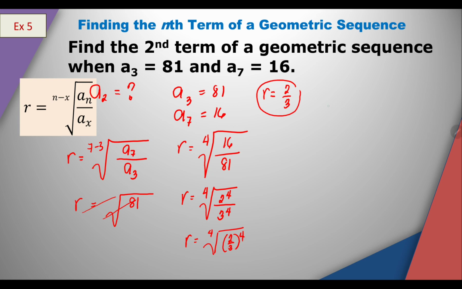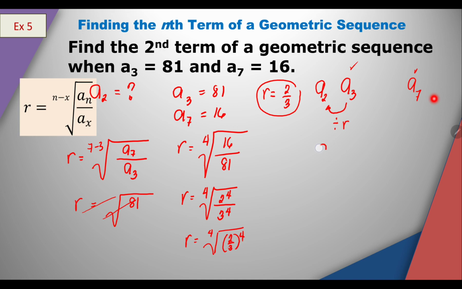But inasmuch as I am given here an a sub 3, and a sub 2 is directly to the left of a sub 3, what I am going to do is simply divide a sub 3 by the common ratio. Then I will be arriving at a sub 2.